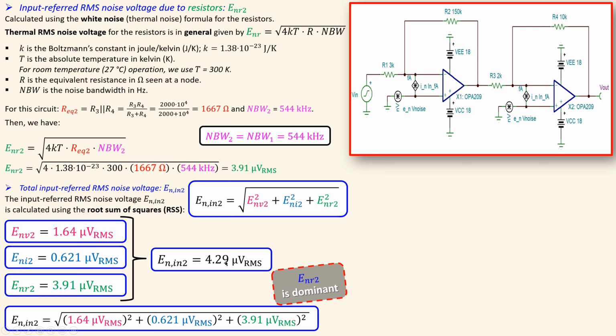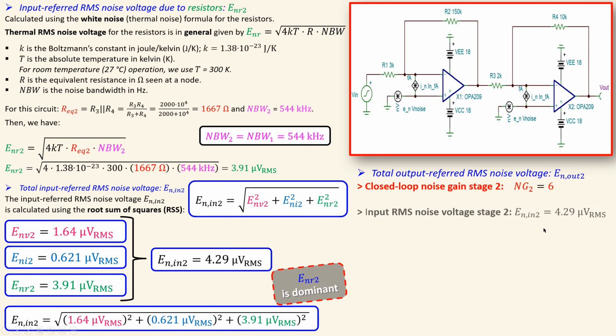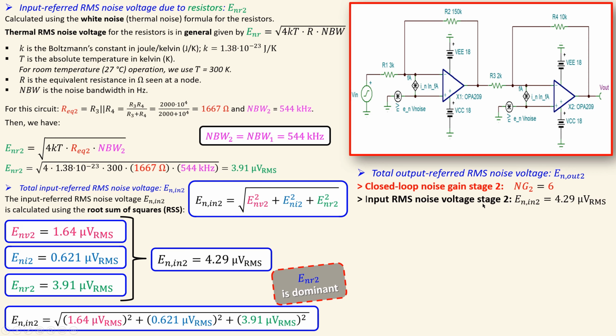Okay, now we'll look at the total output referred RMS noise voltage due to the second stage only. For that, we need the closed loop noise gain of the second stage. That is 6, and of course the input RMS noise voltage of the second stage, which we already calculated as 4.29 microvolts RMS.